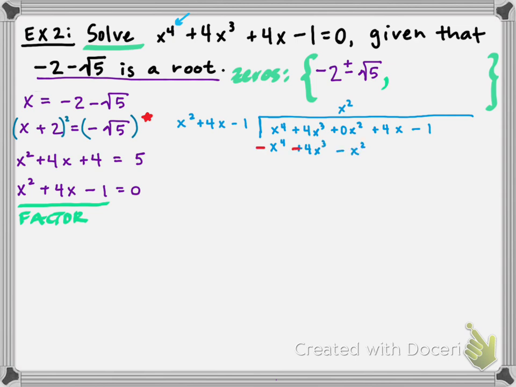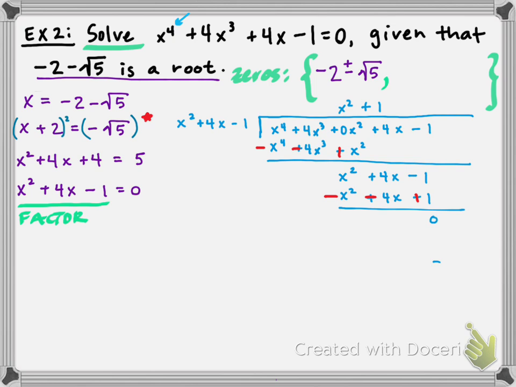Negate all the terms and then simplify what you have. I see that we have x squared plus 4x minus 1, and to get that, you would then just multiply the divisor by positive 1. That's going to give us x squared plus 4x minus 1, and then subtract away what you see. When you do, you're left with a remainder of 0.